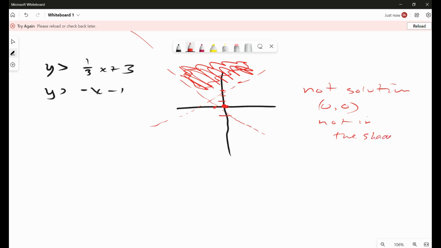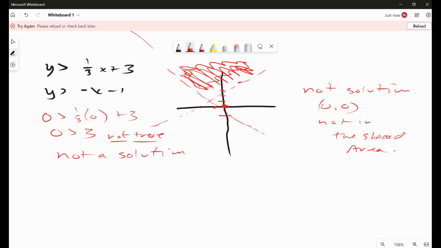And then another way to do it is you just plug 0 and 0 in here. So 0 is greater than 1/3 times 0 plus 3. 0 is greater than 3. This is not true. So therefore, it's not a solution. Okay? So those are the ideas behind it.